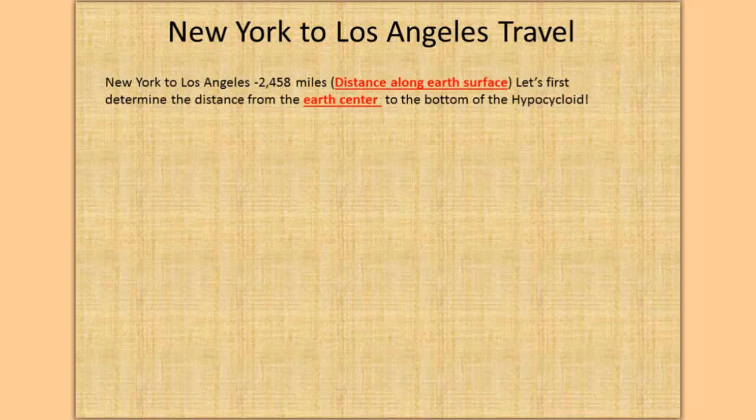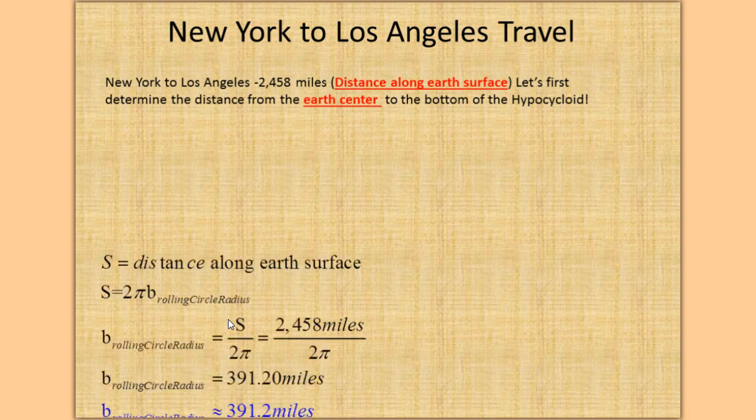New York to Los Angeles travel. The distance from New York to Los Angeles on the surface of the Earth is approximately 2,458 miles. Let's first determine the distance from the Earth's center to the bottom of the hypocycloid. That's the equation I'm using.